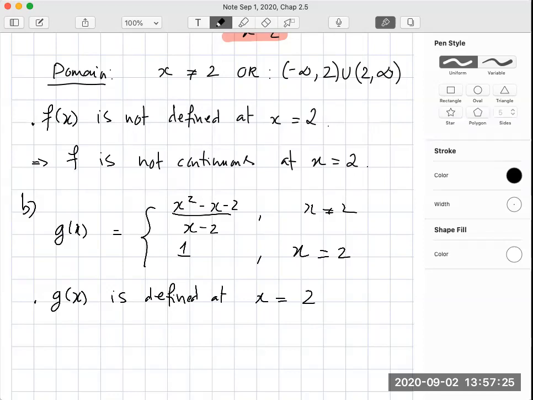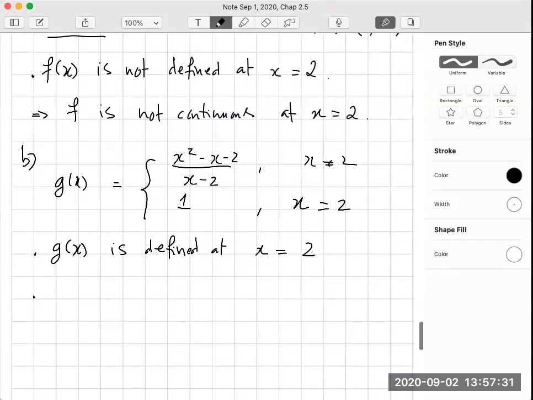Then we consider the next one. We need to find whether the limit exists or not, right? It means at this point, we need to find the limit of x squared minus x minus 2 over x minus 2 here when x approaches 2, and see if we can find a limit of this. Again, like you suggest, now we can do it.